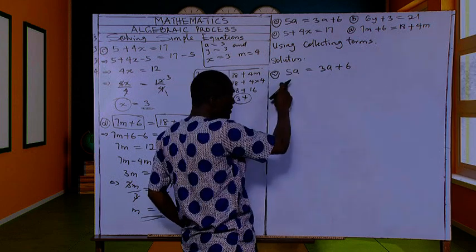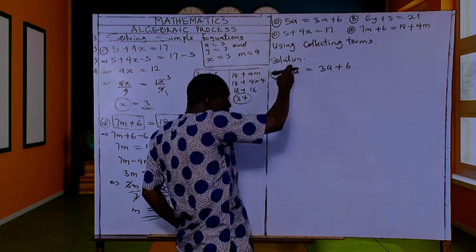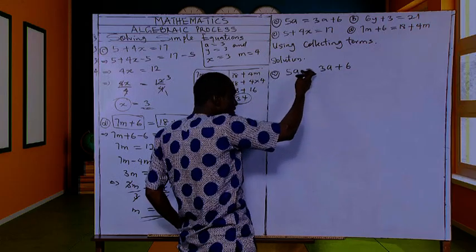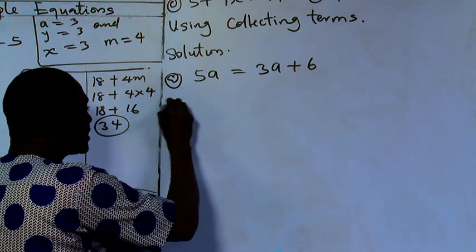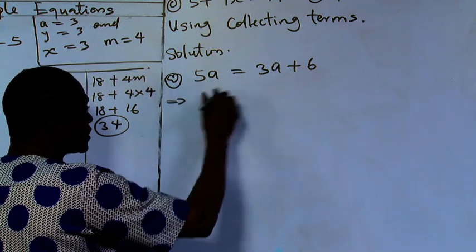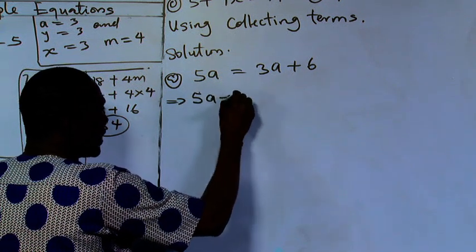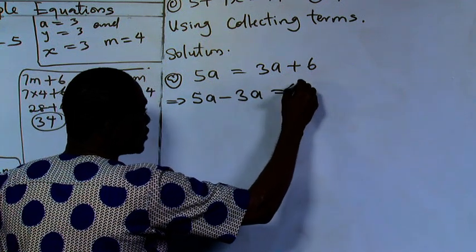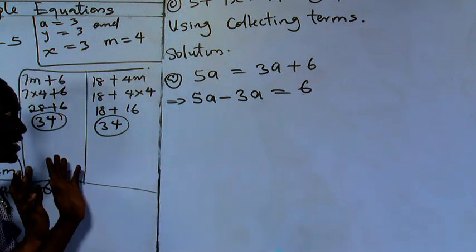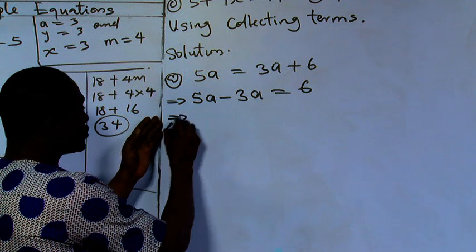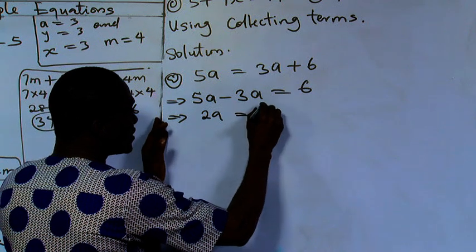This 3A is positive, so when it crosses this bridge, the equal sign, it becomes negative. This equation is now reformed to 5A minus 3A equals 6. Plus 6 is the same thing as 6. So 5A minus 3A gives us 2A, and 2A equals 6.